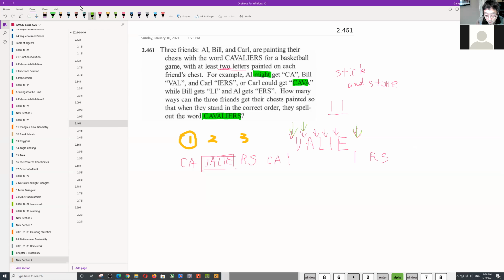For example, if I put 2 dividers adjacent this way, it's not going to work, because the second person only gets 1 letter. Those 2 dividers need to be adjacent to give just 1 letter; otherwise it works.